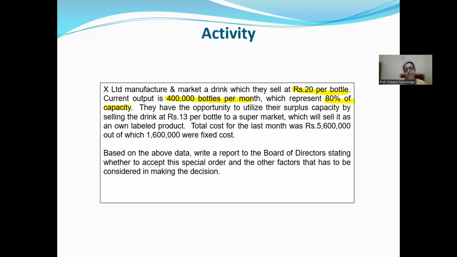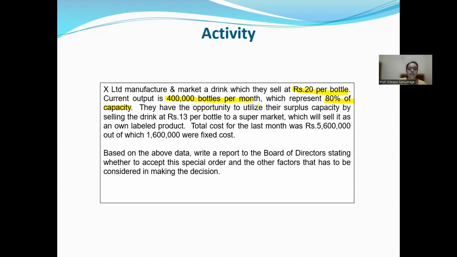Therefore they have excess capacity. Here 80% equals 400,000 bottles, so 20% is 100,000 bottles of excess capacity.